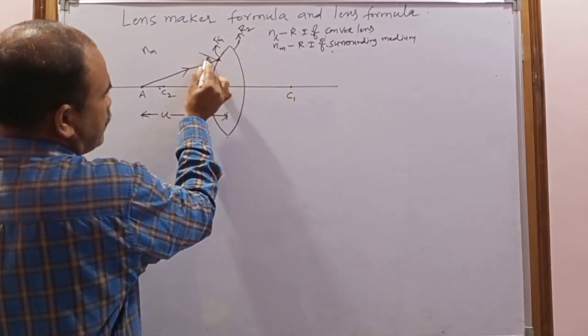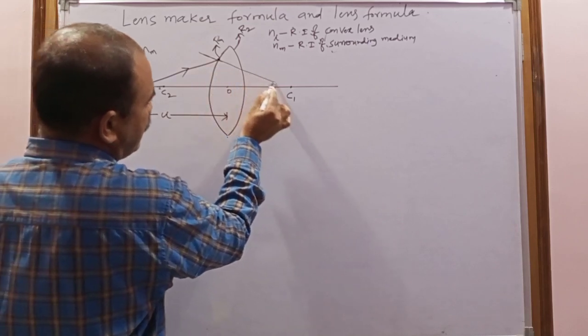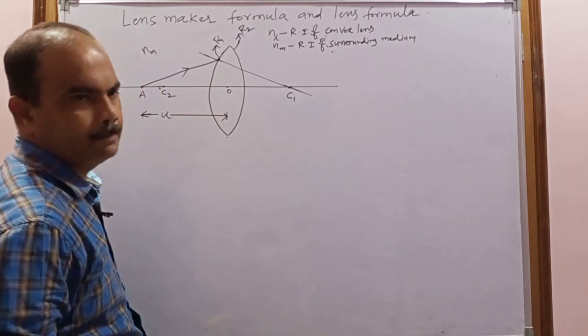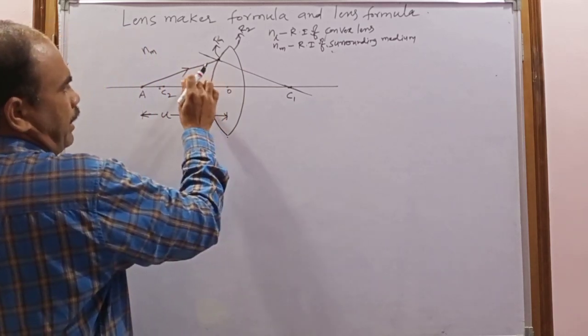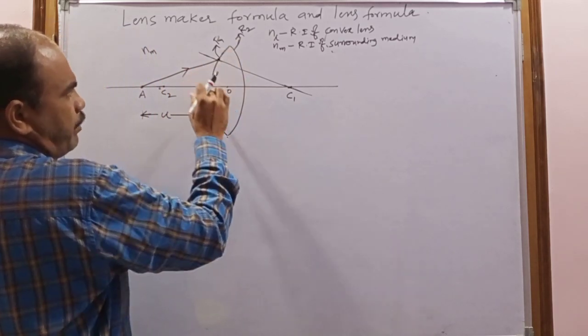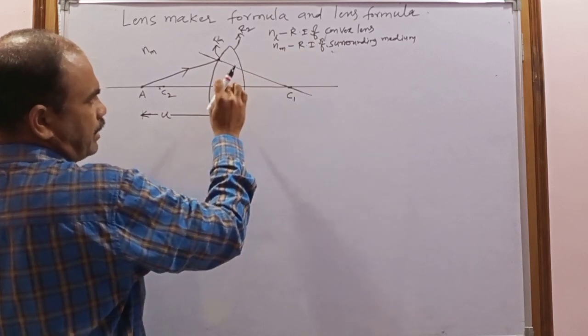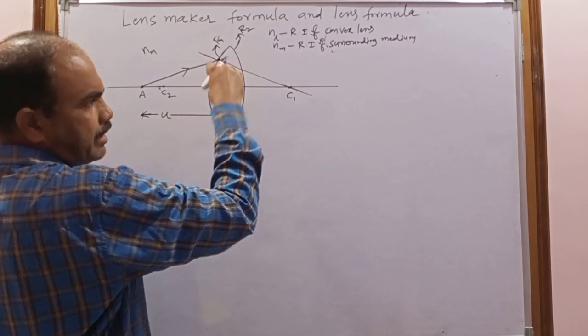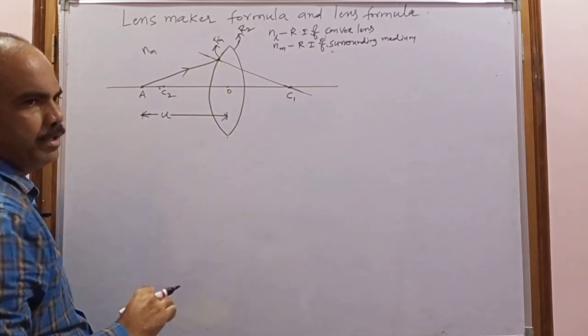When I join the point of incidence and center of curvature, you get the normal. The surrounding medium will be considered rarer and the lens will be considered denser.